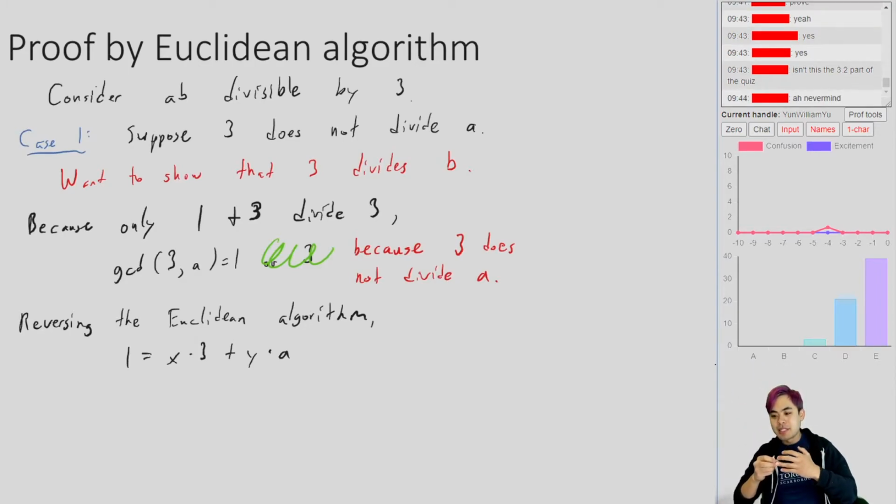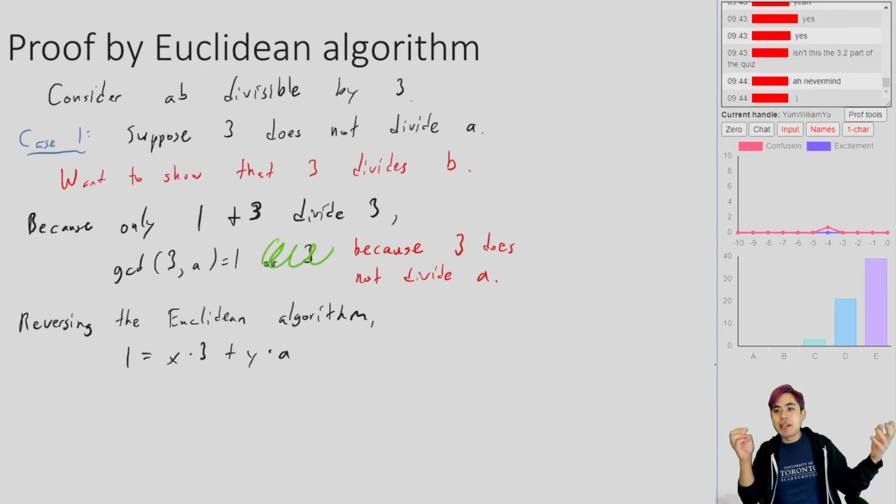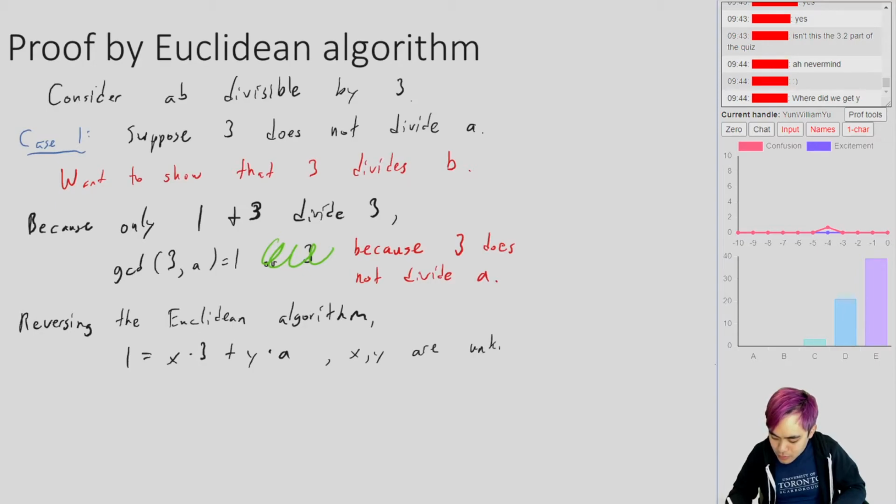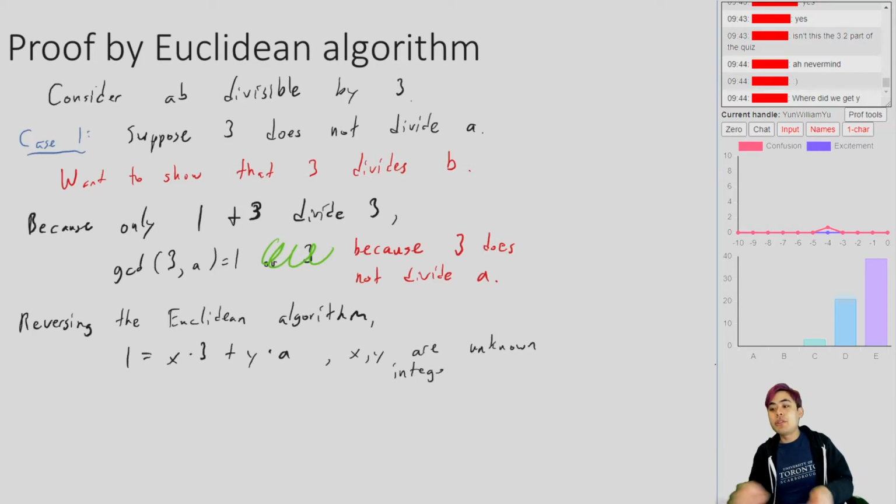You reverse it to go backwards and find the greatest common divisor as a linear combination of the first two things. This is super important here because x and y are unknown integers, and the way you'd solve this is you would do the reverse Euclidean algorithm.